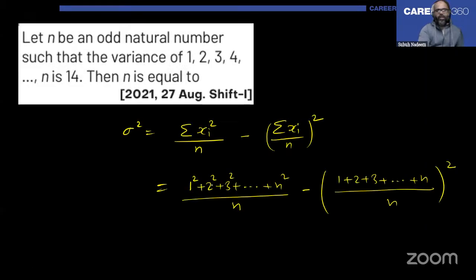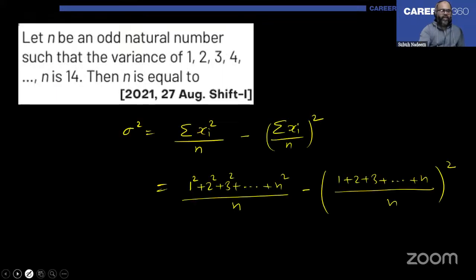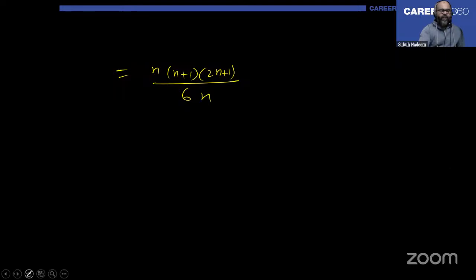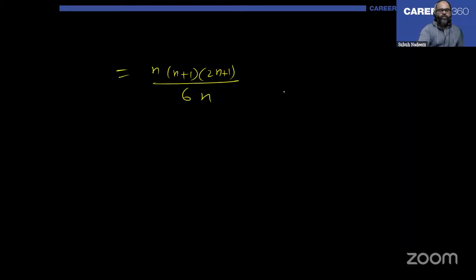By sequence and series, we know that the sum of the squares of the first n natural numbers is n into (n plus 1) into (2n plus 1) upon 6. And there is one n extra in the denominator, so we write it here. Here, the sum of the first n natural numbers is n into (n plus 1) by 2, so it will become (n into (n plus 1) by 2n) whole square.